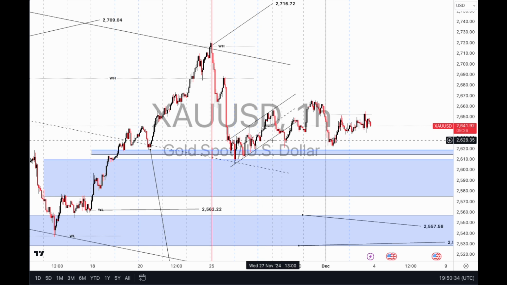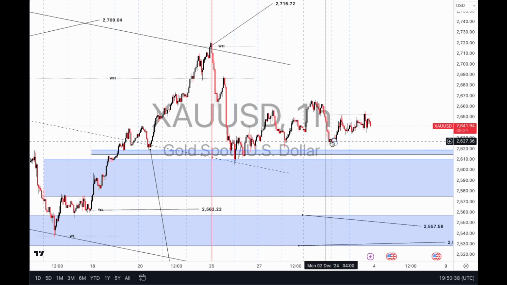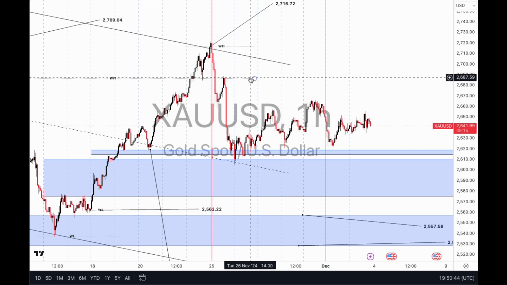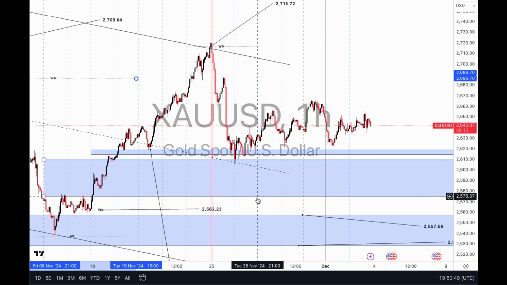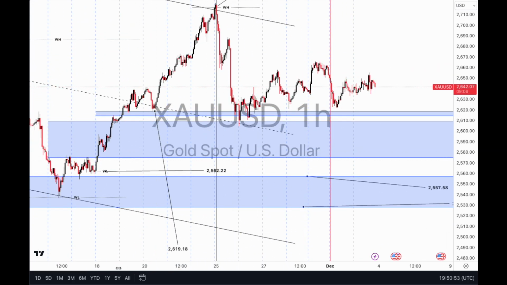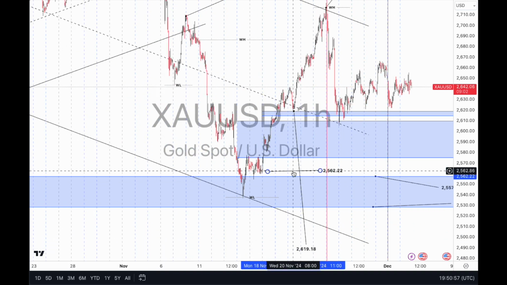I might need to readjust the channel again, because so far this has the hallmark of a weird-looking range. So we're going to adjust a few things on here and make sure it all makes sense. Push this one back. The FVGs that we have in the area so far all seem pretty solid, so we're going to keep them there.